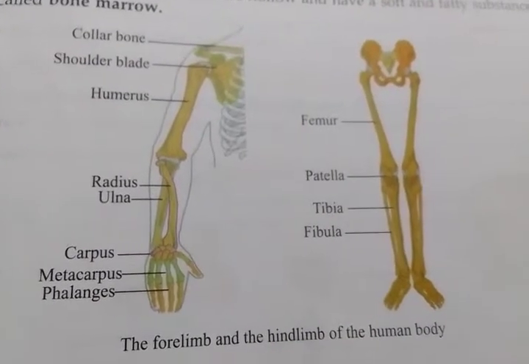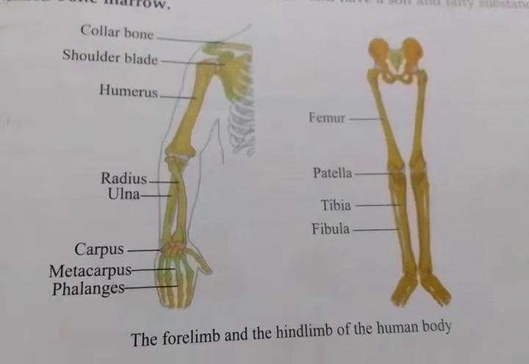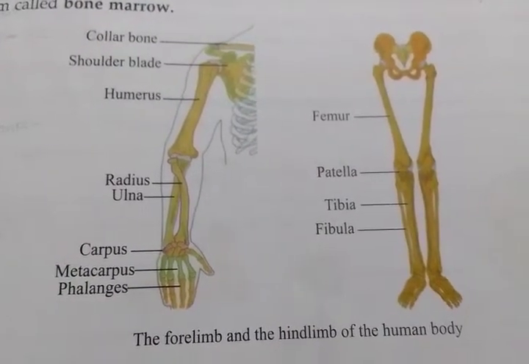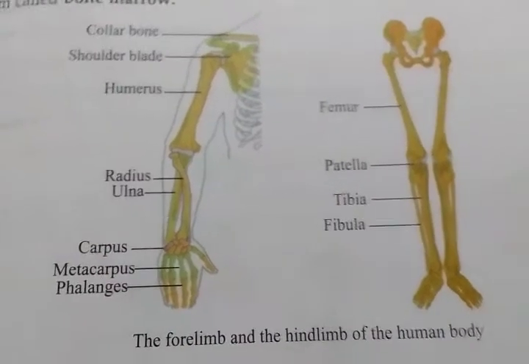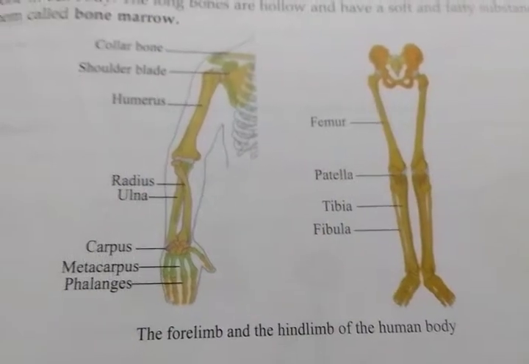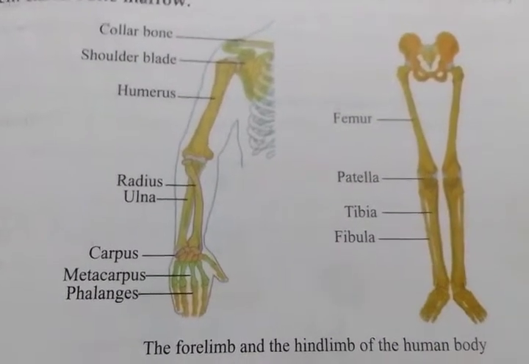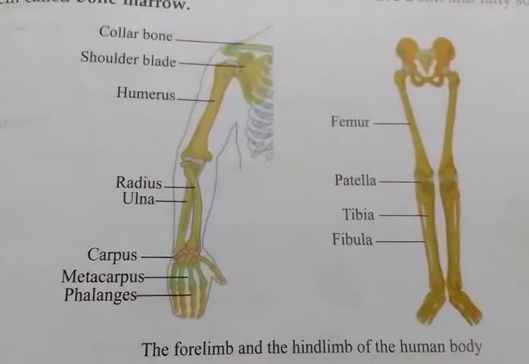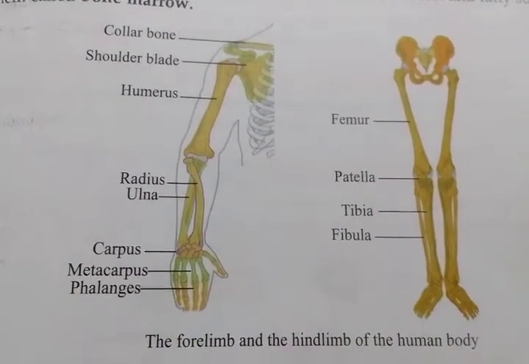The hind limbs or our legs are also made up of two parts, the upper leg and the lower leg, joined together at the knees. Femur is the longest bone in our body. The long bones are hollow and have a soft and fatty substance in them called bone marrow.